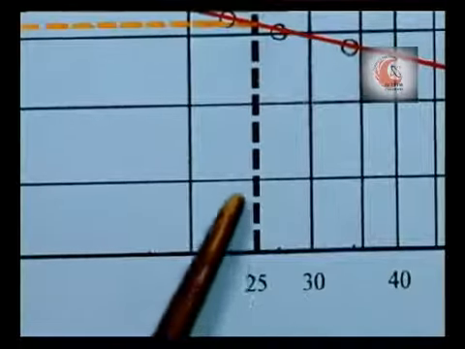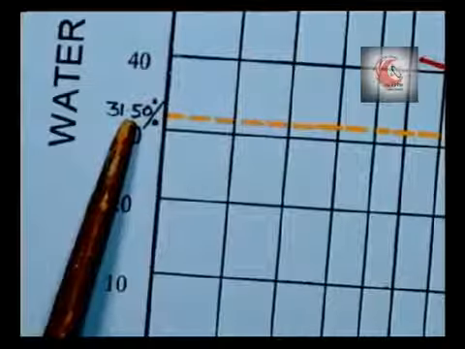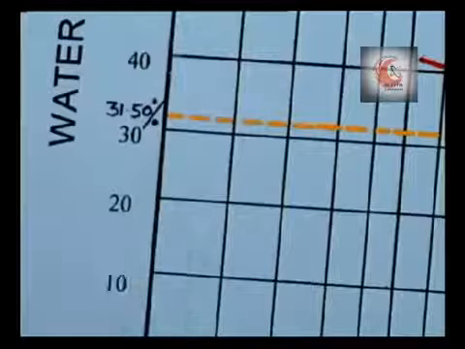The moisture content corresponding to 25 blows from the flow curve, that is 31.50, is the liquid limit of the soil. Now we shall perform the test for plastic limit of soil.